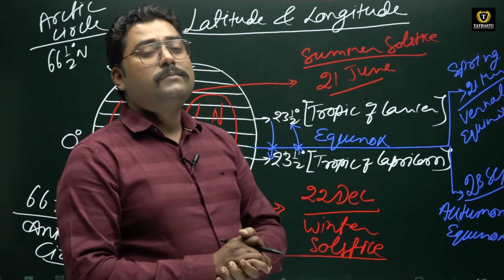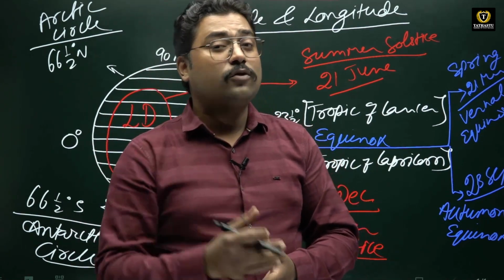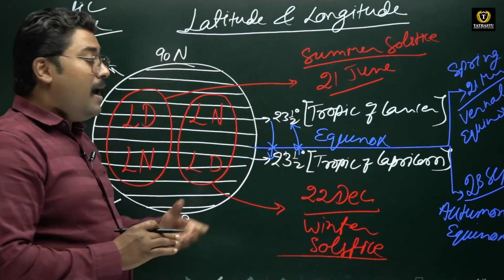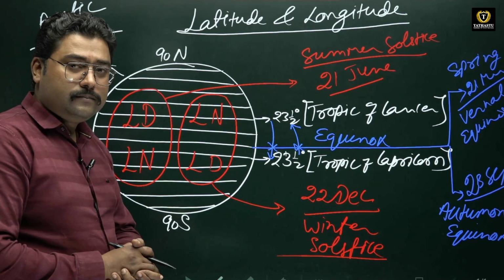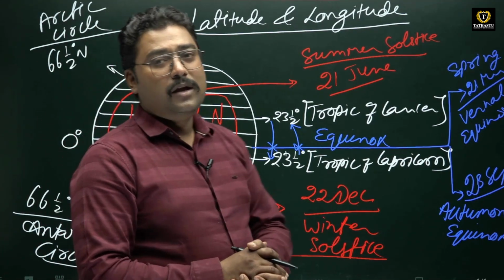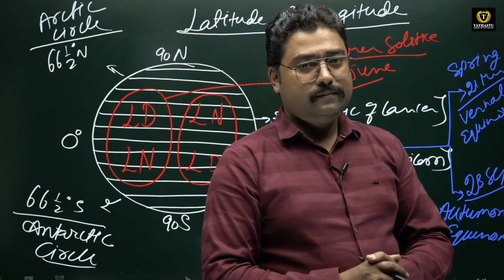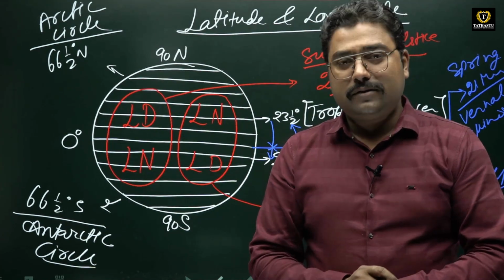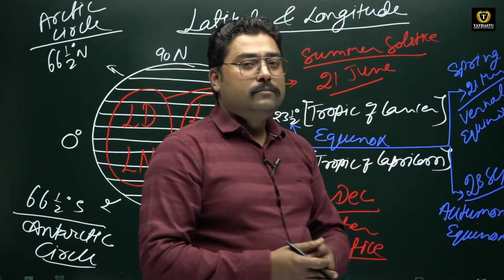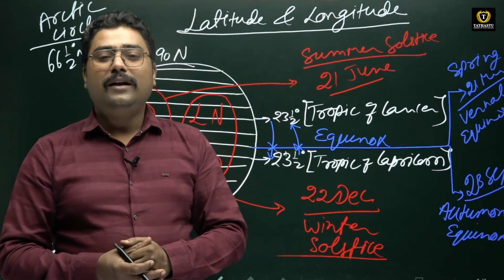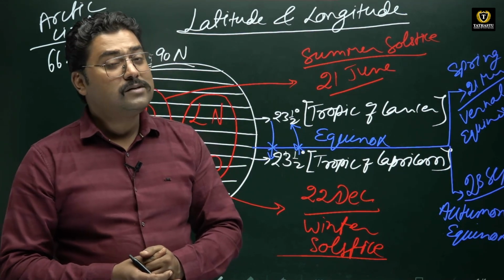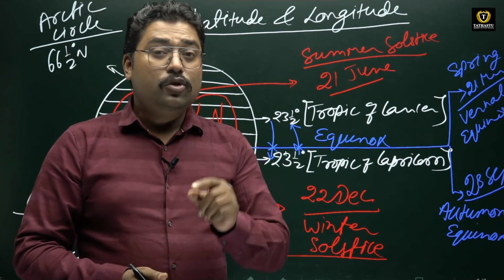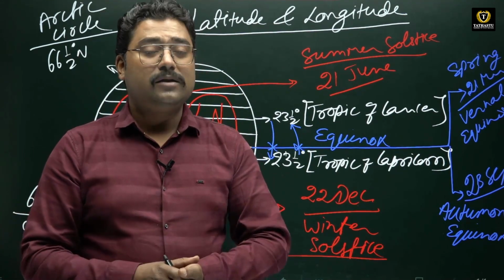So the question comes, or how they will ask the questions: how many places on earth will experience vertical sun rays minimum once in a year? So what will be the answer?